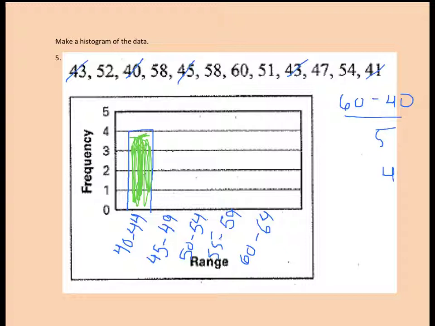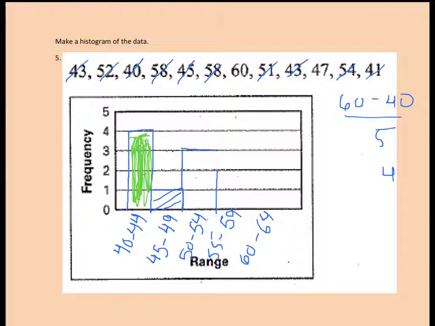So you go down, they see how they stay connected. Okay? And then 50 to 54. 1, 2, 3. 55 to 59. 1, 2. Oh, I forgot one somewhere.